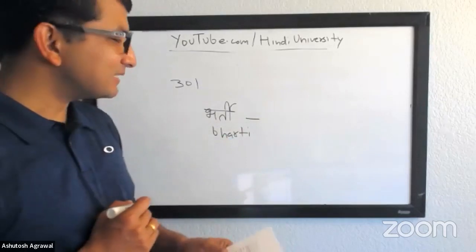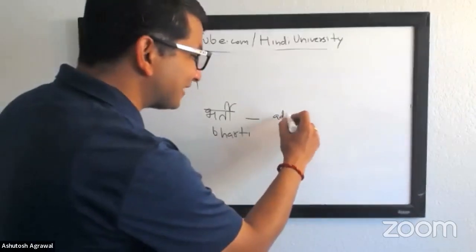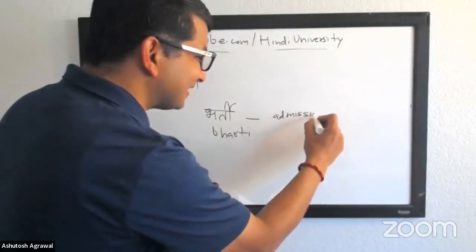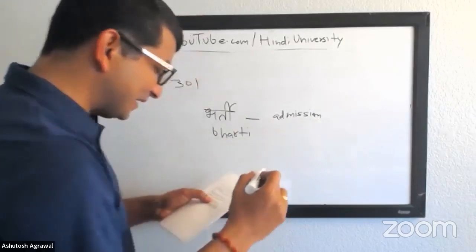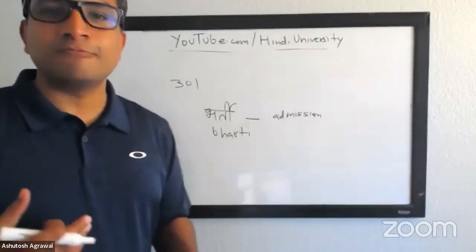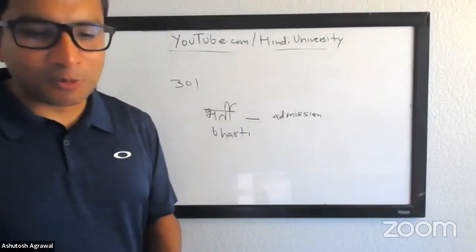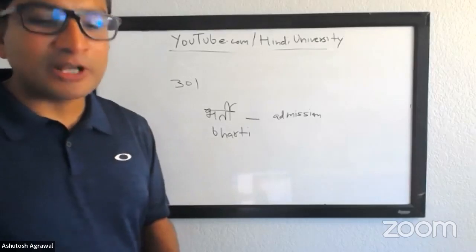Anyone would like to make a guess? To be admitted. Admission. Filled. Admission, yeah, to fill. Okay, bharti ke liye, for admission. Like for the government, let's say the government is opening up job openings, so admission for those roles.